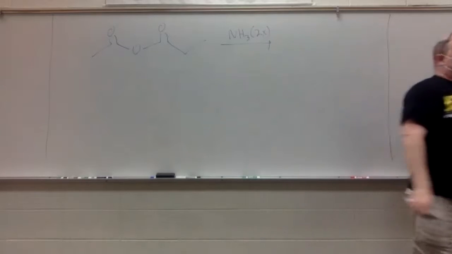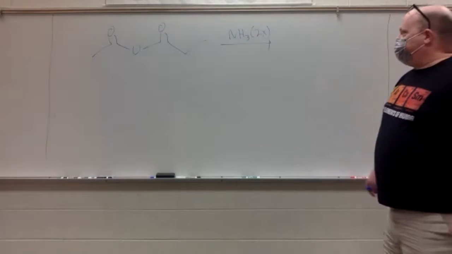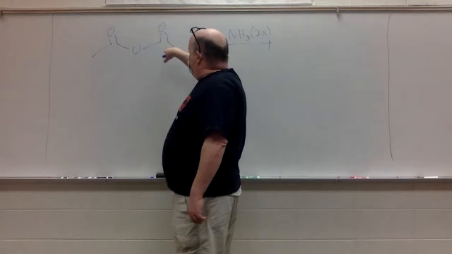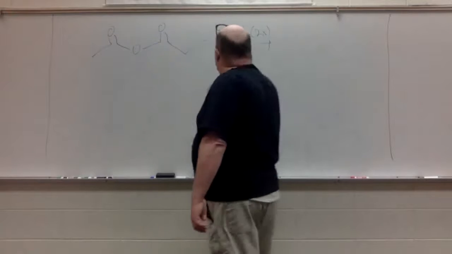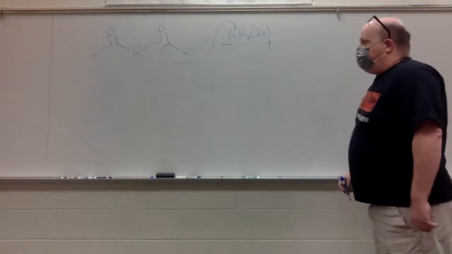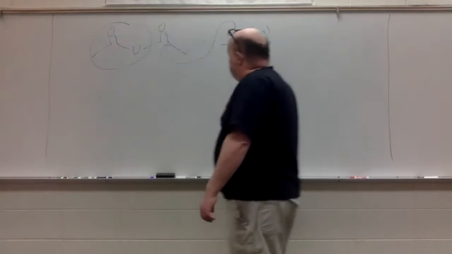All right, mixed anhydride. How do you think this changes things? Or will it? If you look closely at this, you're going to get 2 different amide products, right? Because just like we saw with alcohols, you can attack either one of those carbonyls. We'll just do that one for fun. Okay.